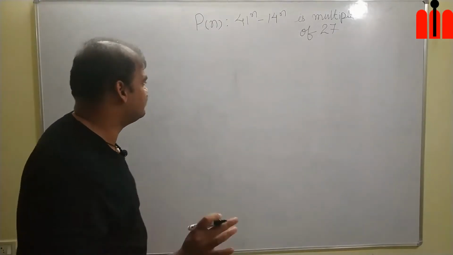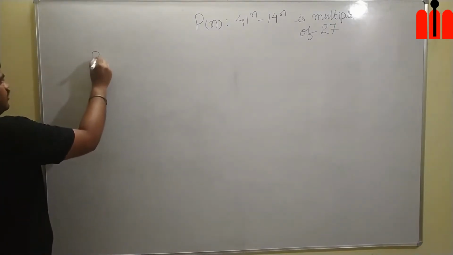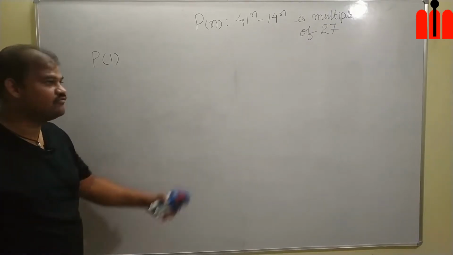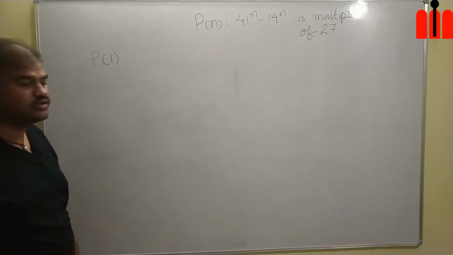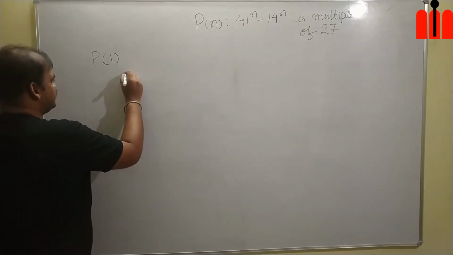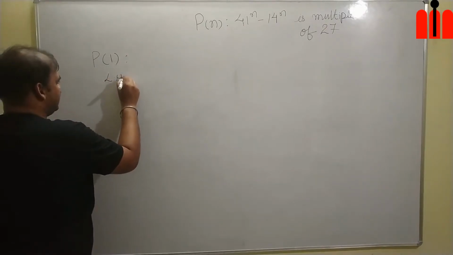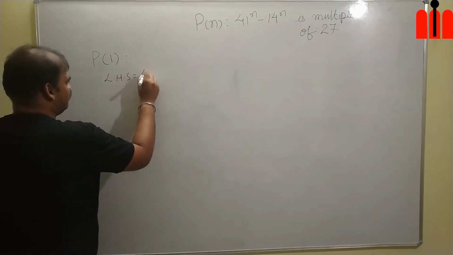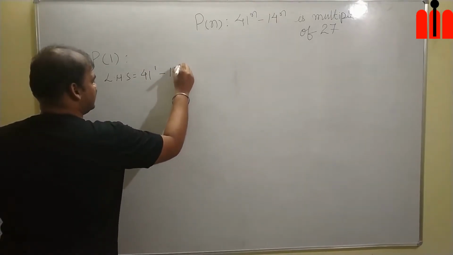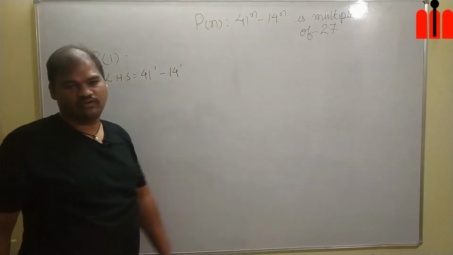My first step will be the check step, where I will write my P of 1. Let's see for P of 1 whether it is true or not. So P of 1 will be, my LHS, 41 to the power 1 minus 14 to the power 1. We will substitute n with 1.